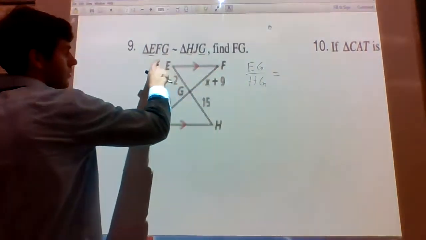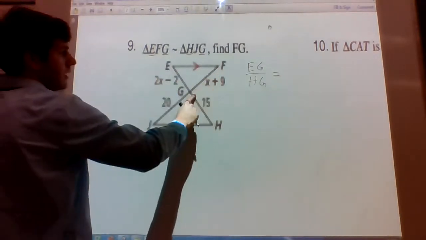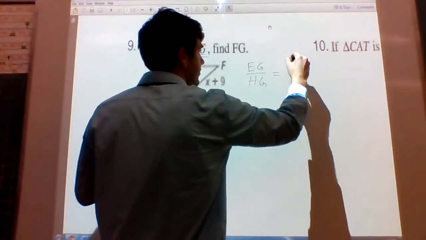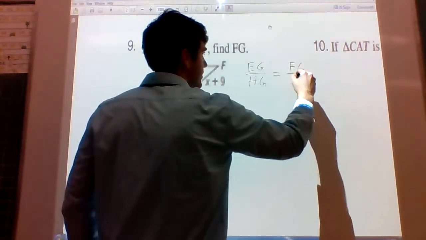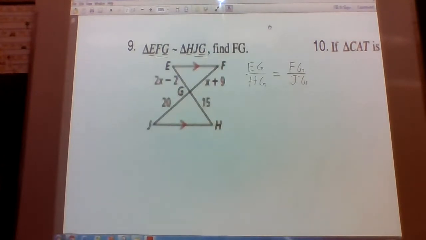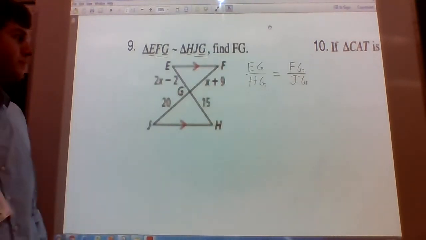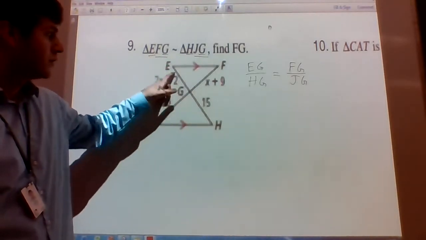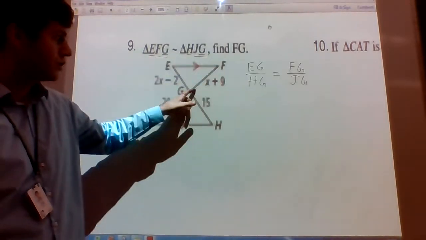We also know that FG corresponds with JG, because the triangles are similar. Okay, so EG and HG.